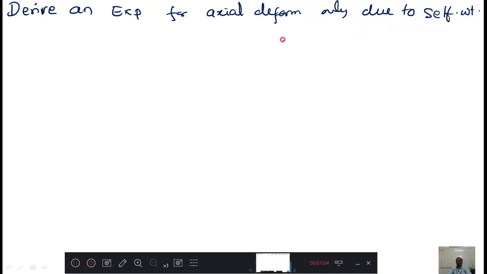This is a derivation, this is the heading, and let us consider, you can write down the points here.